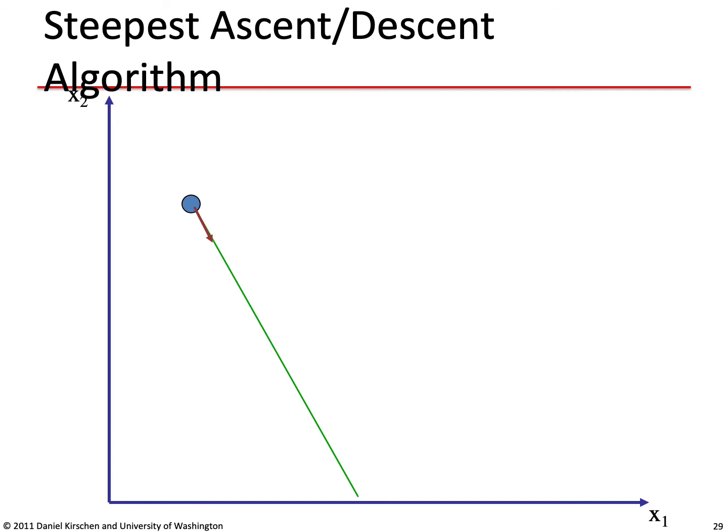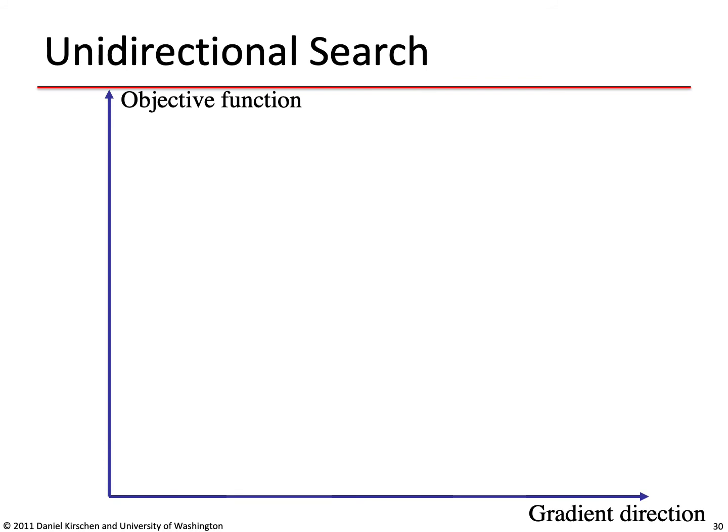Since the gradient gives us the direction in which the function increases or decreases the fastest, it makes sense to search along that direction for a point that is going to be a minimum or maximum. So we can proceed with a unidirectional search, not along one of the decision variables, but along the gradient direction.